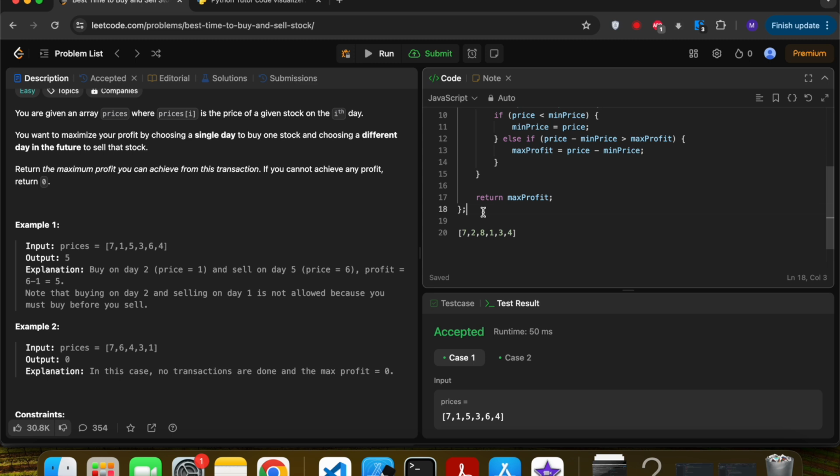So it is not necessary that the lowest price ever will result in the maximum profit. But it is true that the minimum price until the point we are at is the one that contributes to calculating the maximum profit. And then we compare every new profit with the already calculated maximum profit.